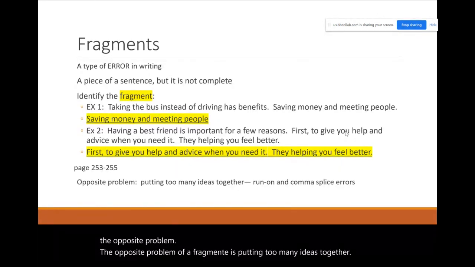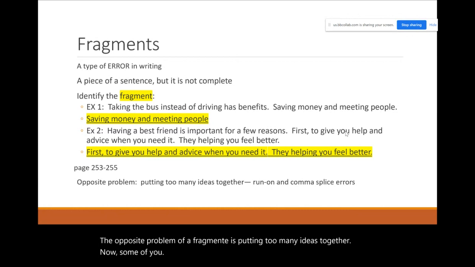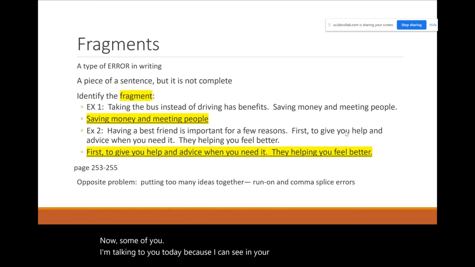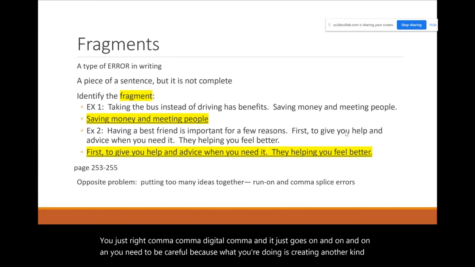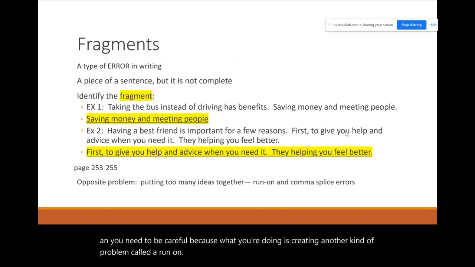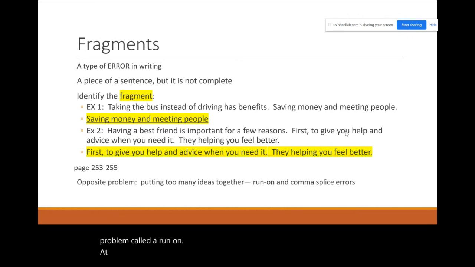Now, some of you, I'm talking to you today because I can see in your journals that you just write comma, comma, comma, and it just goes on and on and on. And you need to be careful because it's creating another kind of problem called a run-on or a comma splice error. And we're actually going to cover these more next week in chapter 19.